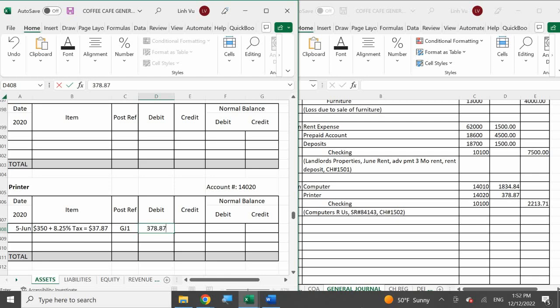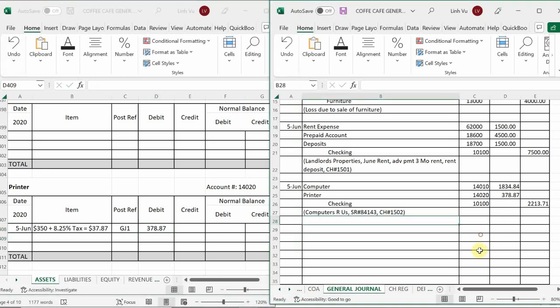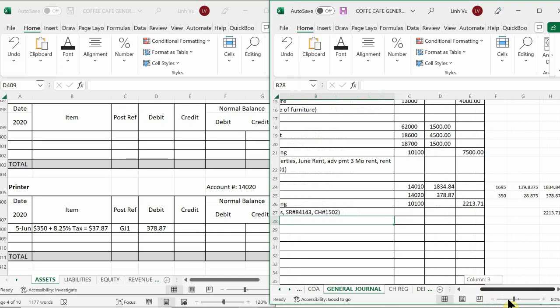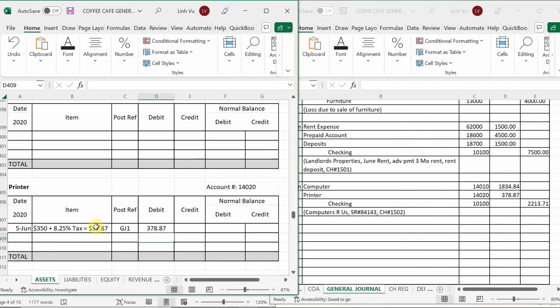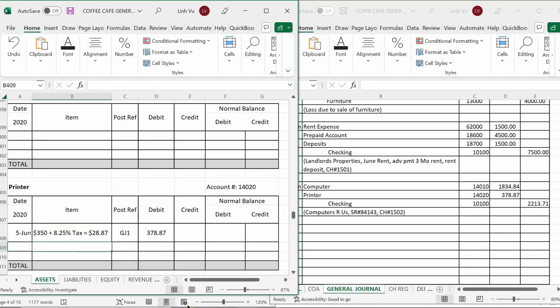Oh, okay, hold on. I made a typo here. I think it's 38. No, it's 378.87. Oh no, my tax should be 28. Yeah, I made a typo there. Okay. 28.87.